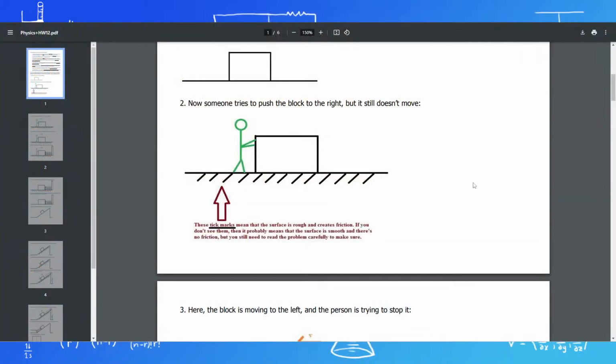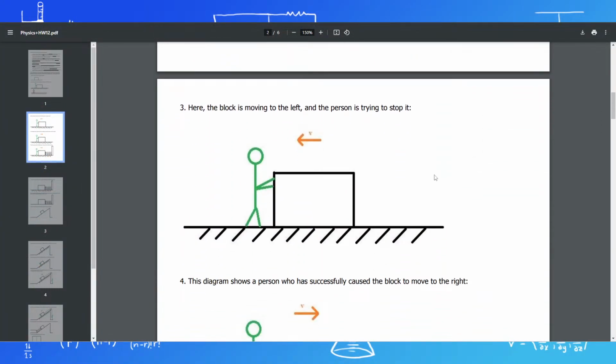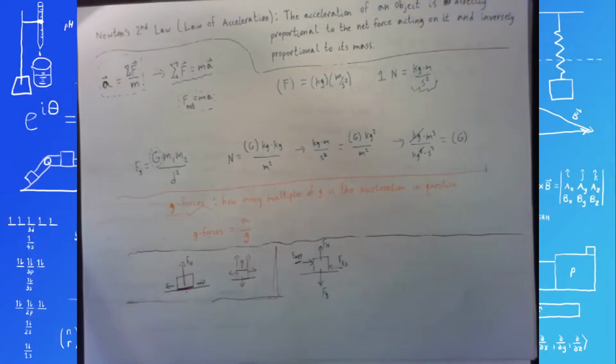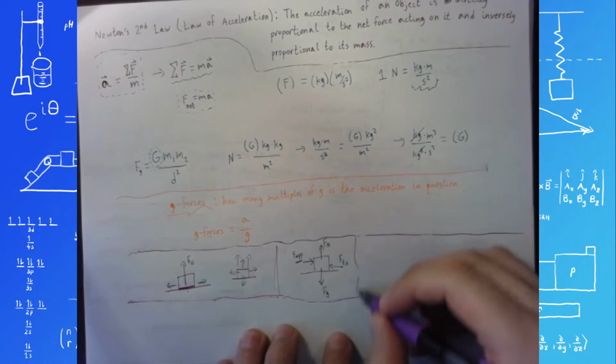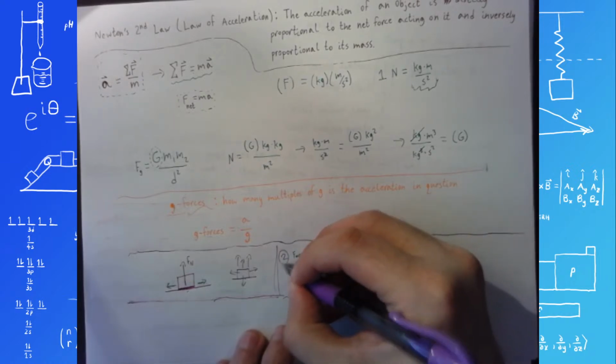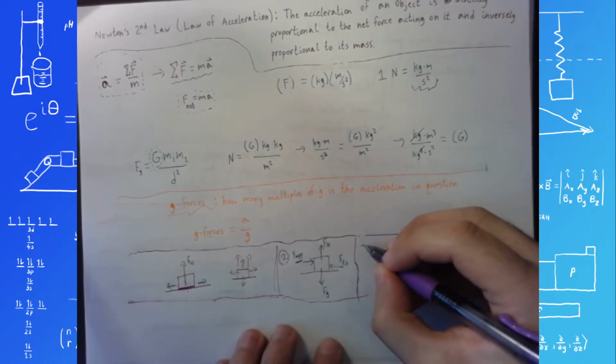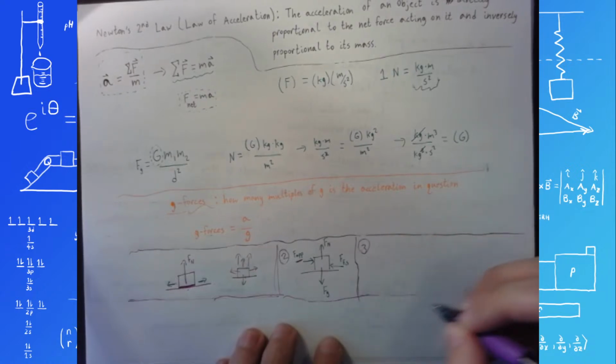Anyway, back to diagramming. Diagram 3, it says here, the block is moving to the left and the person is trying to stop it. So here you have an already moving object. What forces exist on it? Well, it's not going to be too different from the diagram we already have. So I guess we will draw a diagram 3. And I should probably number these in case people want to go through them later.